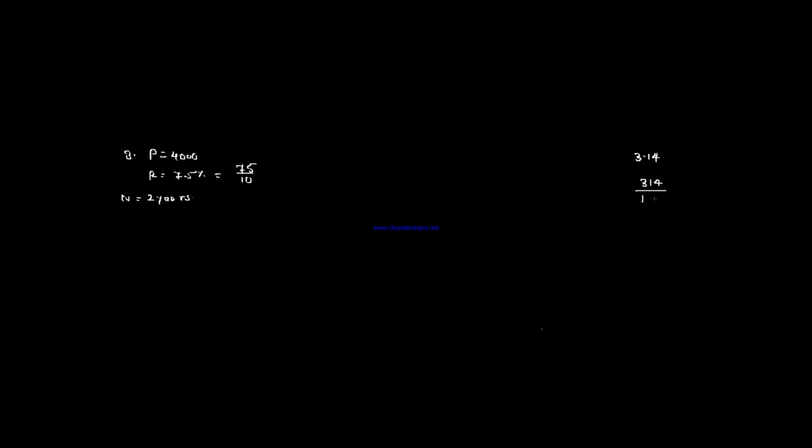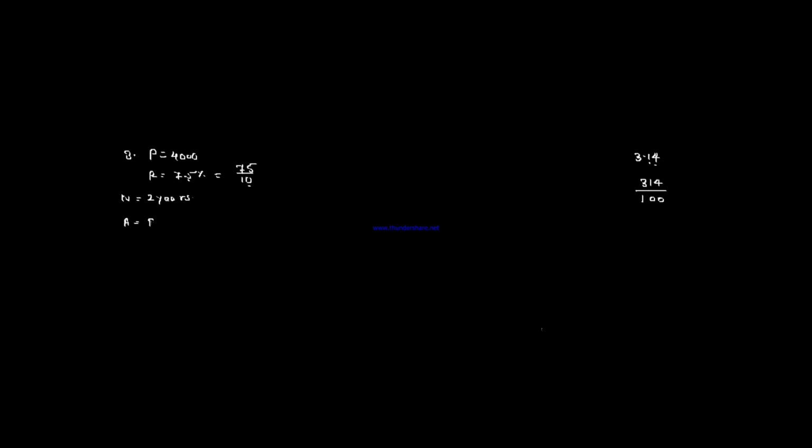I will write a compulsory 1 in the denominator, and I will count the digits on the right hand side of the decimal point, 1 and 2, so the number of digits is 2, that's why I will add 2 zeros. Here the number of digits on the right hand side of the decimal point was 1, that's why I will add here 1 zero.